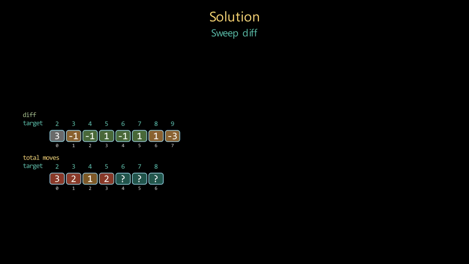At target 5, add 1, so it becomes 2. At target 6, add -1, so it becomes 1. At target 7, add 1, so it becomes 2. At target 8, add 1, so it becomes 3. The minimum total is 1 move, at target 4 or target 6. So the answer is 1.